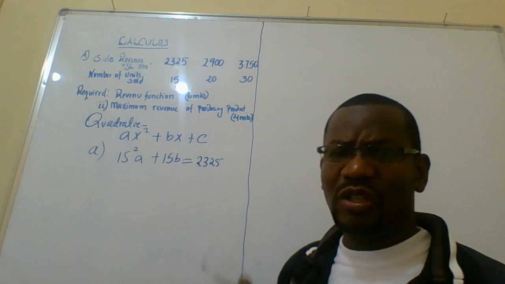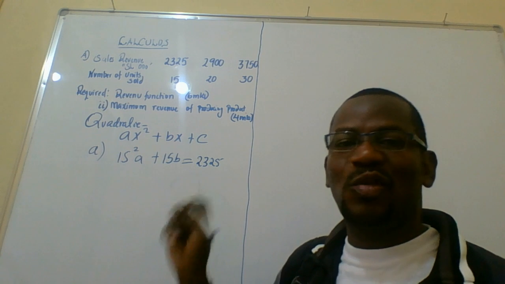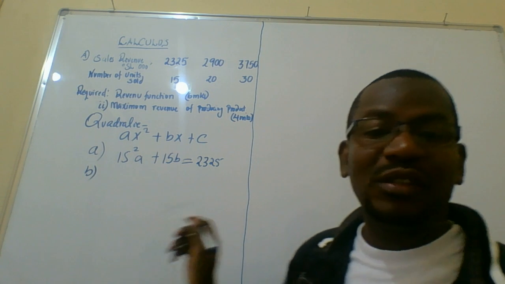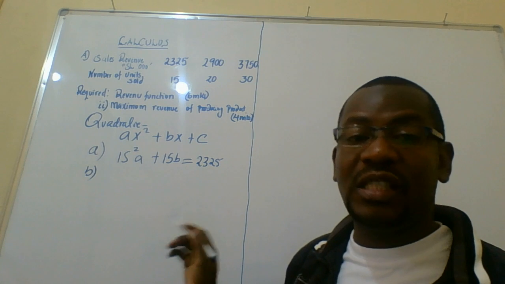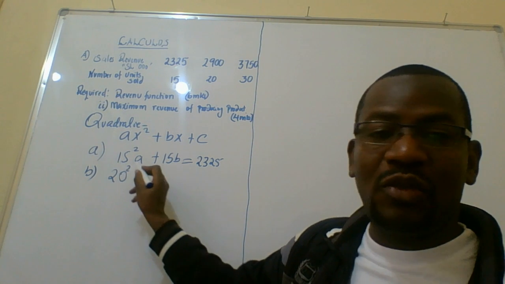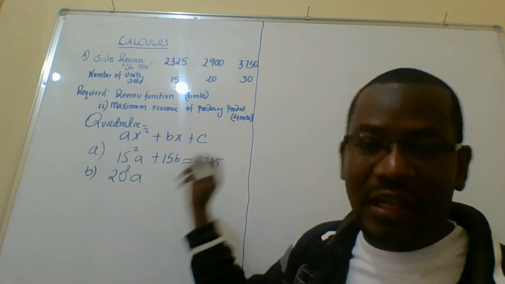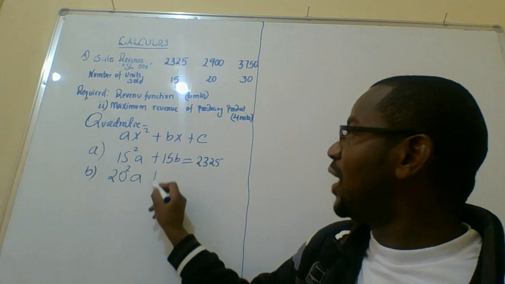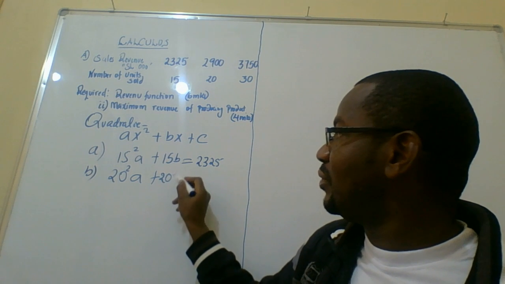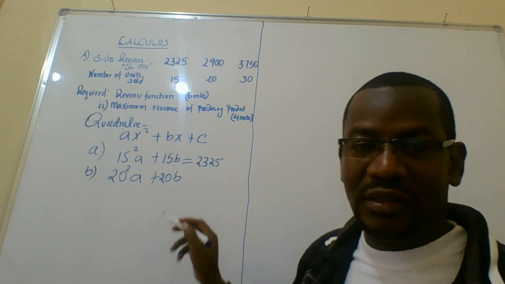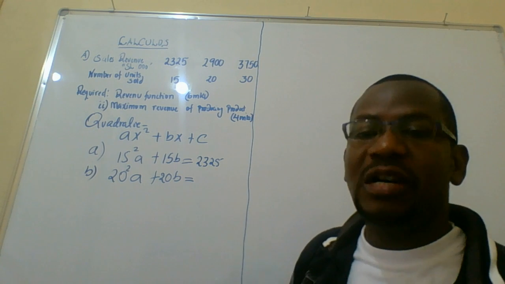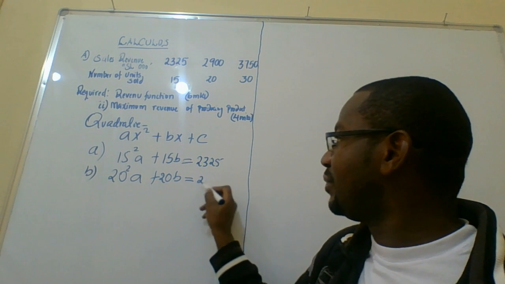The second equation is where I use x as 20. Therefore, 20 squared A plus 20B is equal to 2,900.